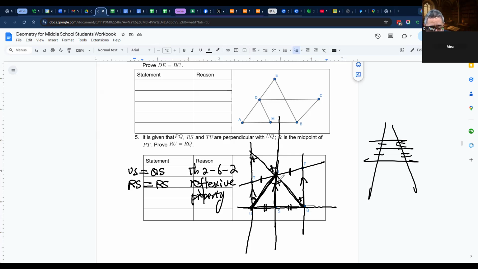And so this one is congruent to this one. And we need to find the... R is the middle point of PT. RU is RQ.